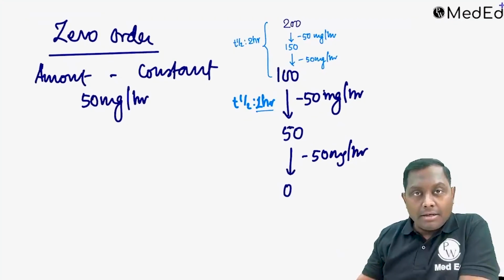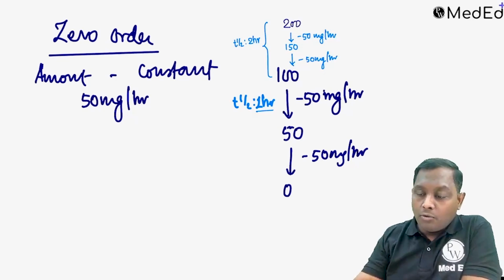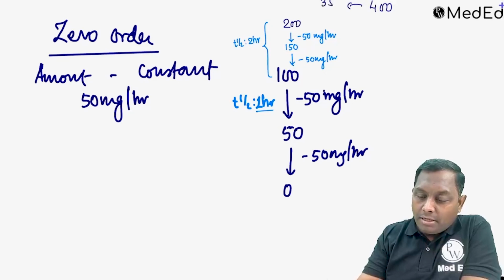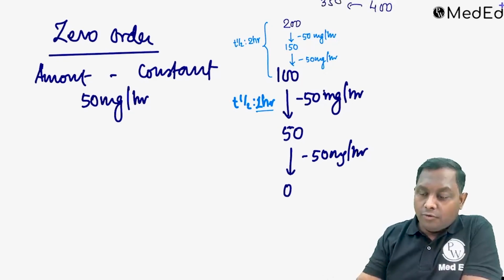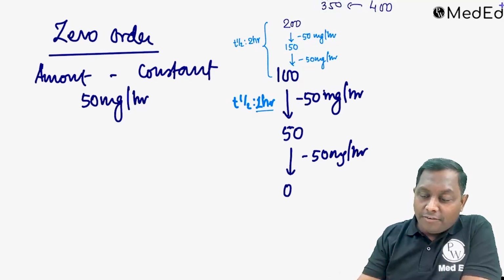This doesn't end here. If I further increase the plasma concentration from 200 to, let's say, 400, then this 400 will become 350. This 350 will become 300.